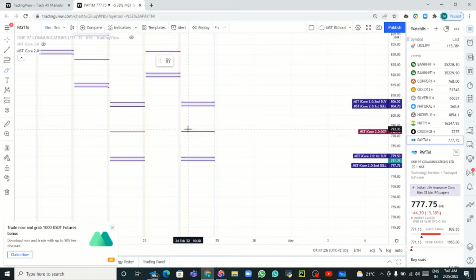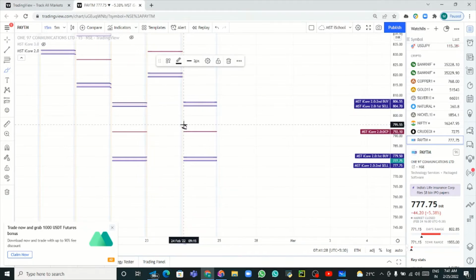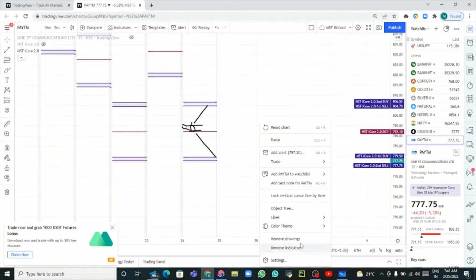Suppose the market has opened above here, and if you know price action, if none of the candles is breaking below that line, then whenever a candle is opening above this line, mark the high and low. Once the high is broken, go for the buy till this level. Similarly, once the low is broken, go for the sell till this level. So this kind of trading you can also take. So this is also possible.